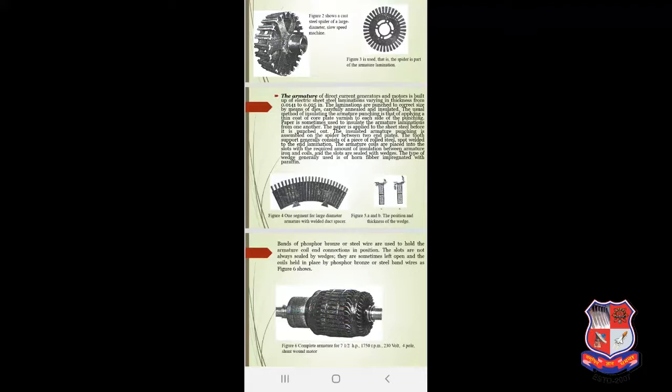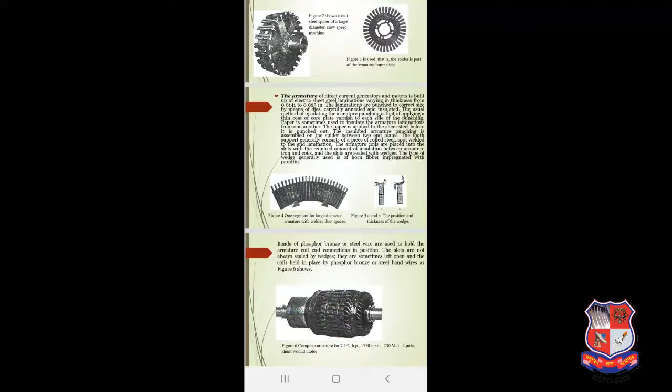The usual method of insulating the armature punchings is applying a thin coat of core plate varnish to each side of the punching. Paper is sometimes used to insulate the armature laminations from one another. The paper is applied to the sheet steel before it is punched out.